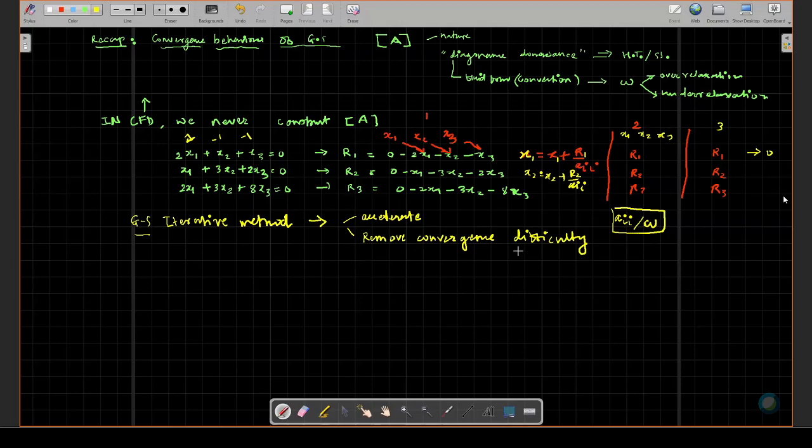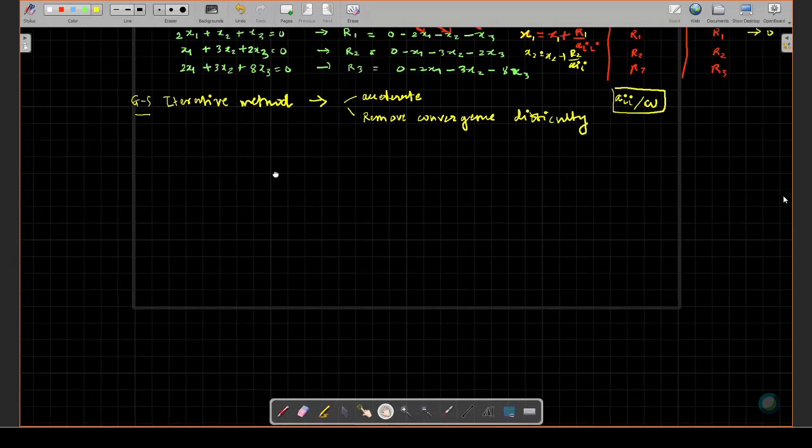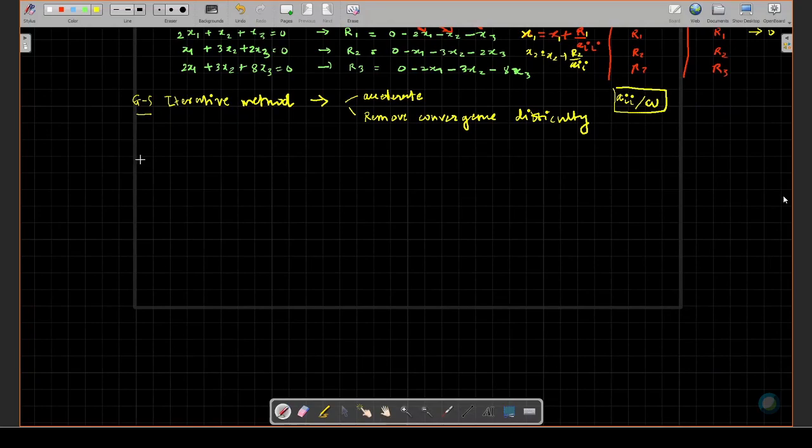Now, when you use this particular omega parameter, this Gauss-Seidel iterative method is called Gauss-Seidel successive over relaxation.